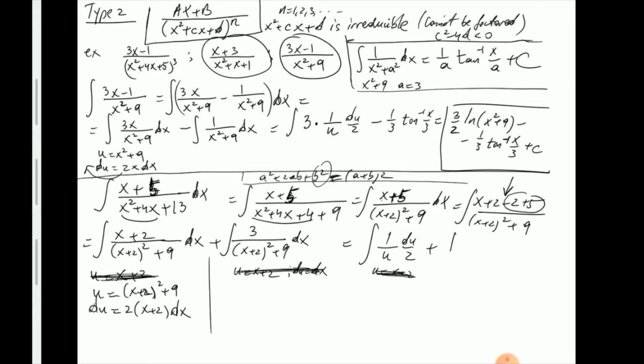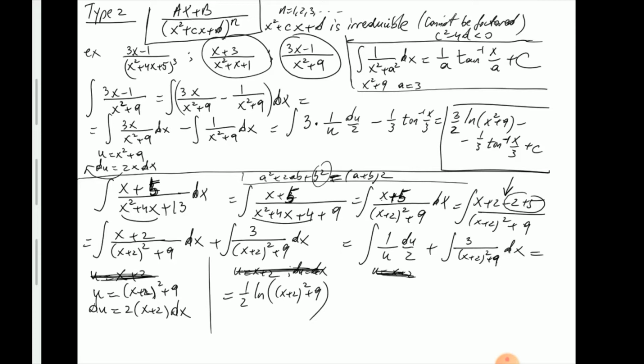I'm getting confused on my notation. Okay, so the first one becomes 1 over 2 ln of u, and u was again (x plus 2) squared plus 9.